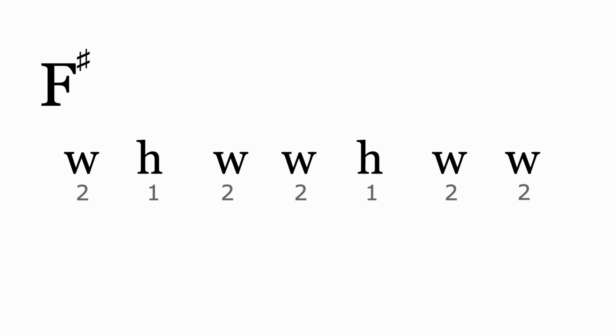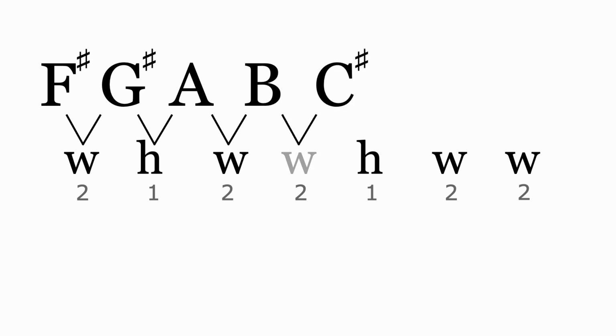If we're going to move up from F sharp, we have to move up a whole step or 2 frets, and that puts us at G sharp. Now from G sharp, if we go up a half step, we wind up on A. From A, if we move up 2 frets or a whole step, we wind up on B. And from B, if we move up a whole step or 2 frets, we wind up on C sharp. Okay.